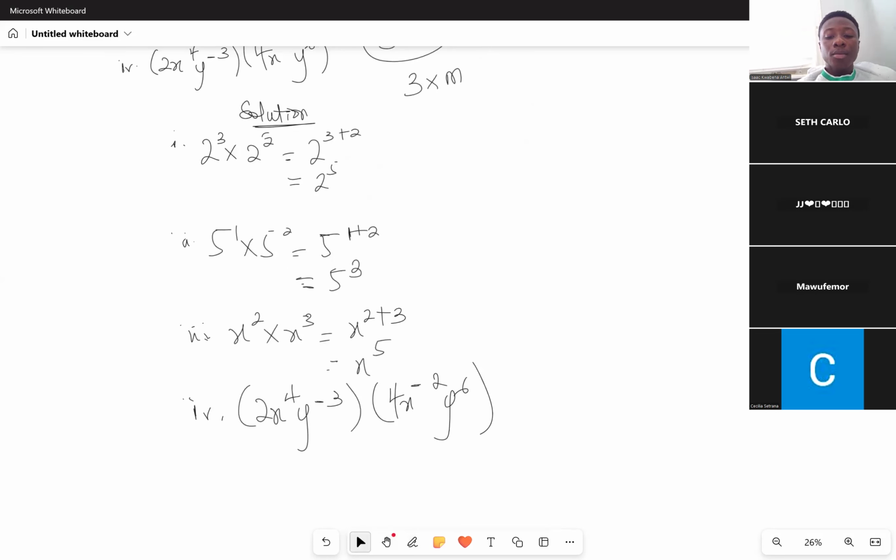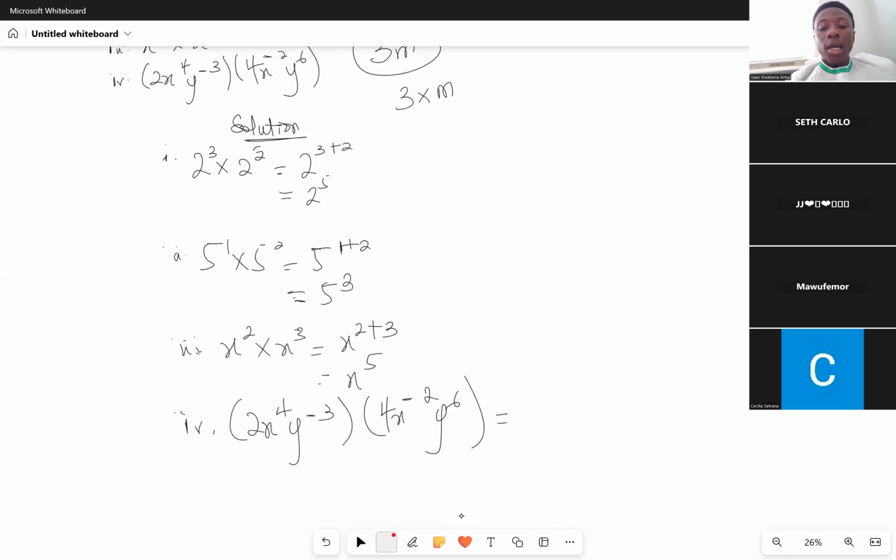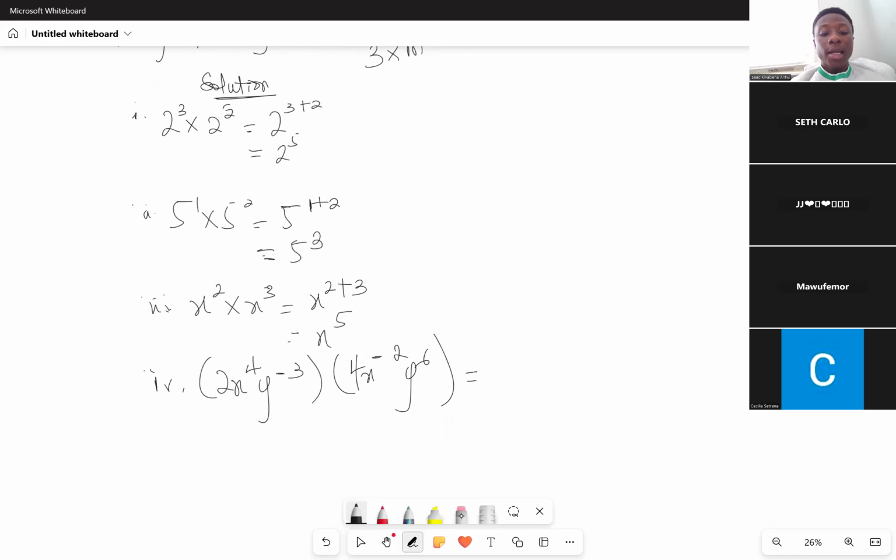So let's see. Here numbers should deal with numbers. I already told you the brackets indicate that they are multiplying. You can picture it this way: 2 times. I said that 2 joined to x means it's 2 times, so it's x exponent 4. X exponent 4 is also joined to y exponent 3, meaning they are multiplying.